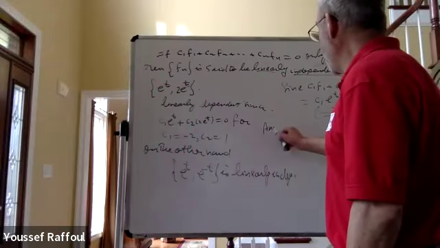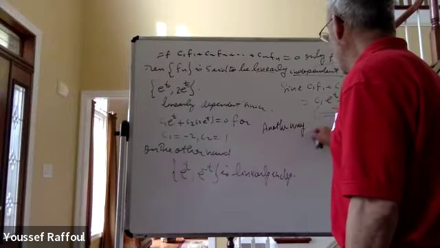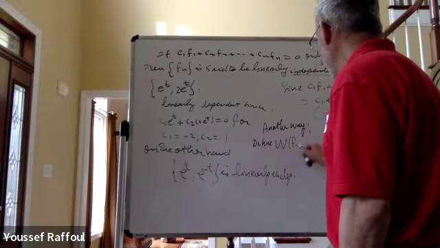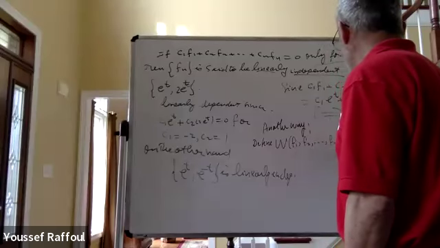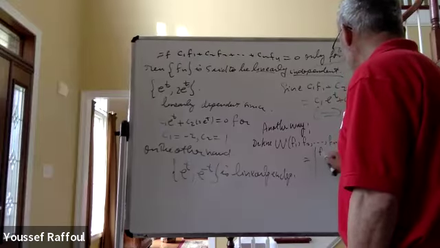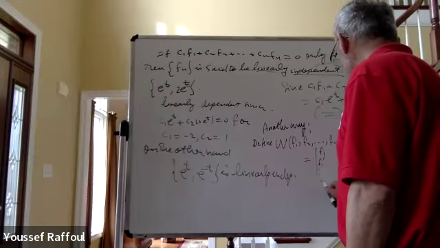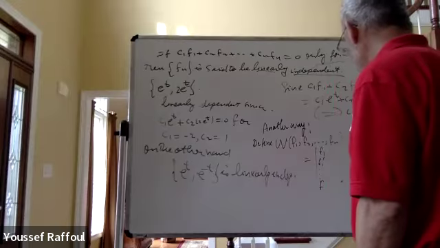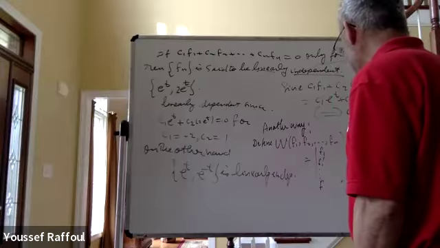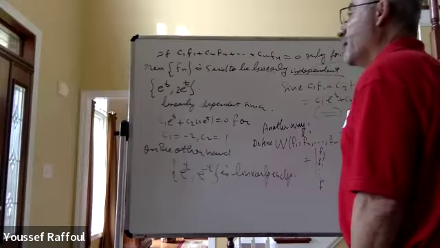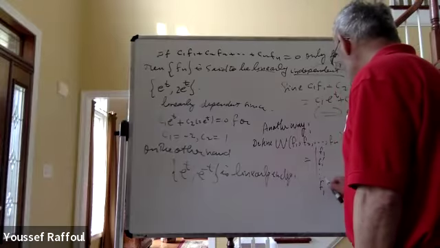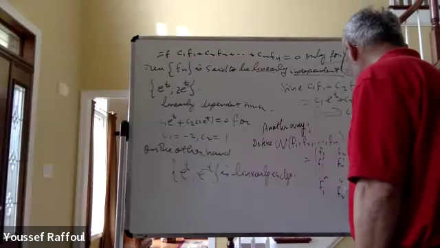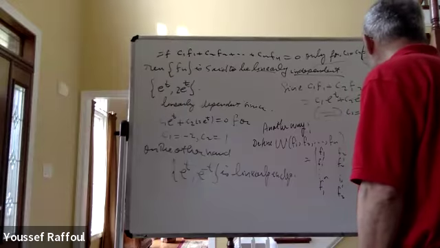All right. Another way of looking at this is define W of f1, f2, fn by the determinant with first row f1, f2, fn and next row f1 prime, f2 prime, all the way to fn prime.